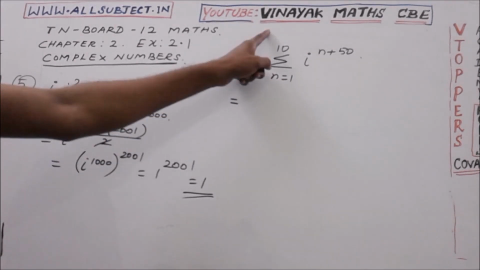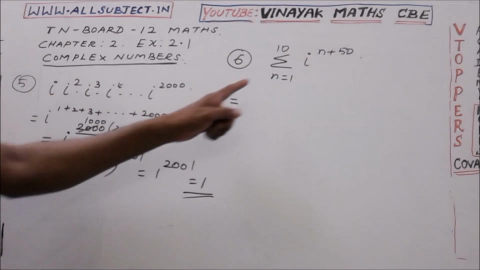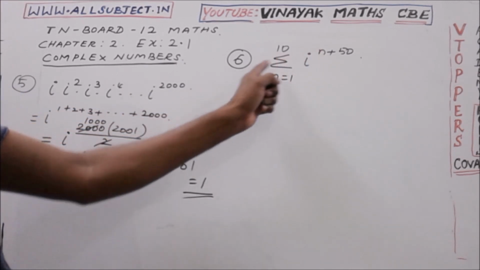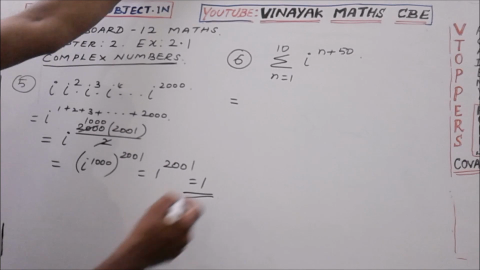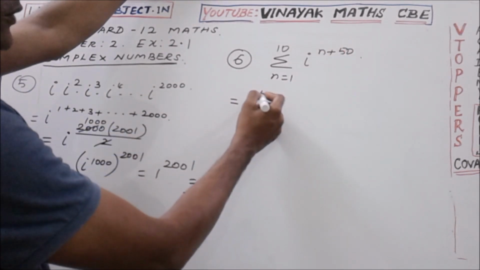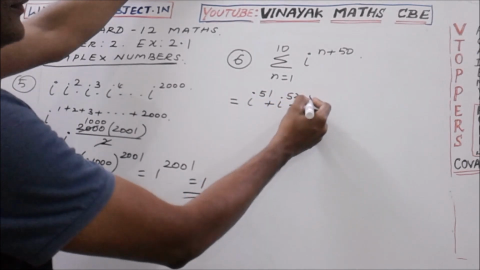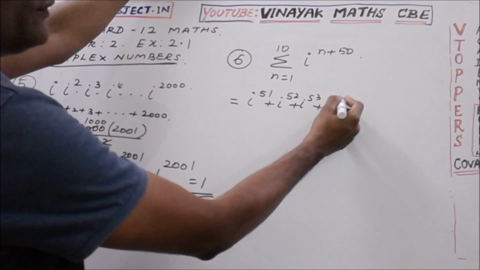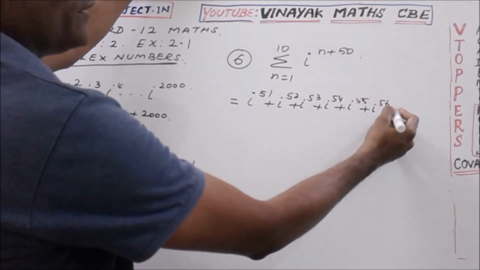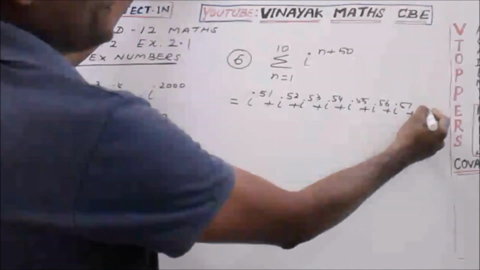The sum of n equal to 1 to 10 of i to the power n plus 50 is given in the 6th question. Now put n equal to 1, then n equal to 2, n equal to 3, and add the corresponding values. So i power 51, plus i power 52, plus i power 53, plus i power 54, plus i power 55, plus i power 56, plus i power 57, plus i power 58.